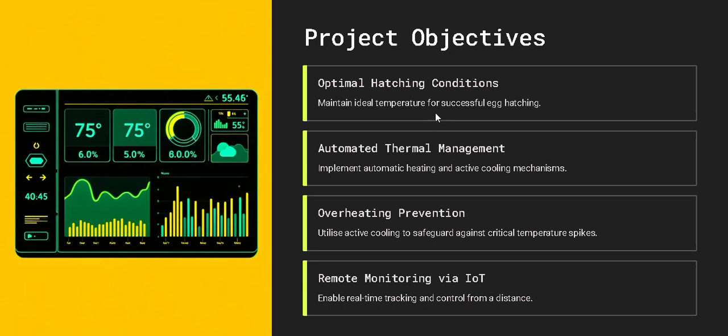Third one, overheating prevention. There we utilize active cooling to safeguard against critical temperature spikes. Fourth one, remote monitoring via IoT. Here we use Blink IoT, where we can see our real-time data that will enable real-time tracking and control from a distance.